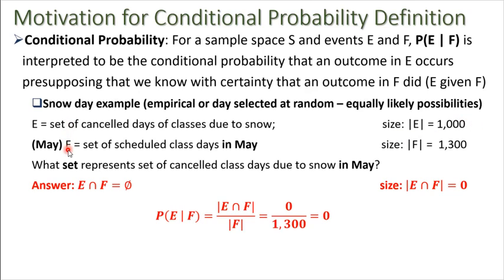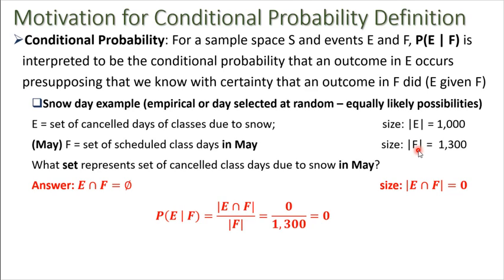But now, instead of actually considering S, which would be the set of all possible scheduled class days, we would only be considering the subset of scheduled class days in May. So if there were 1,300 days, we would be considering a set of size 1,300. And the set F would be the day numbers that corresponded to class days in May.